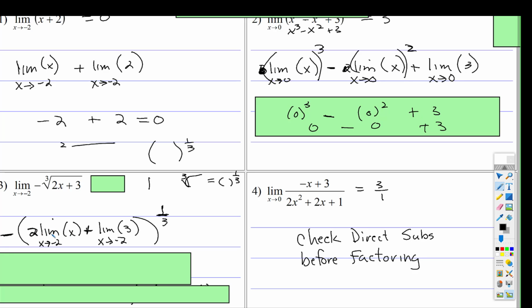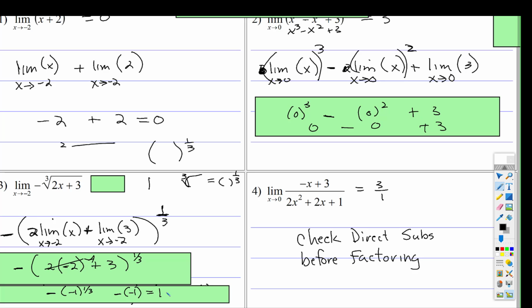So this is 2 times the limit of x as x approaches -2, plus the limit of 3 as x approaches -2, and all of that is to the 1/3 power. So this just becomes, with the negative sign still on the outside, 2 times -2 plus 3, to the 1/3 power. Well, 2 times -2 is -4, -4 plus 3 is -1. So now we've got -1 to the 1/3 power. Well, -1 to the 1/3 power is -1, and negative times negative is +1.